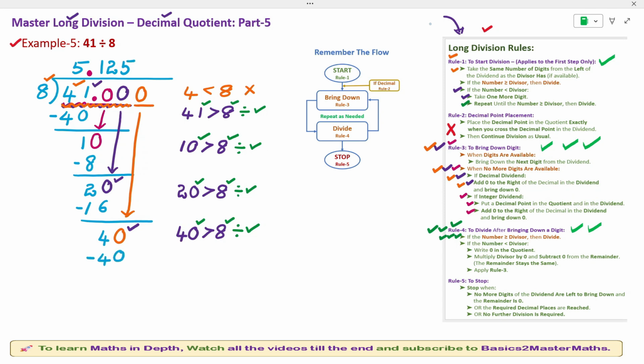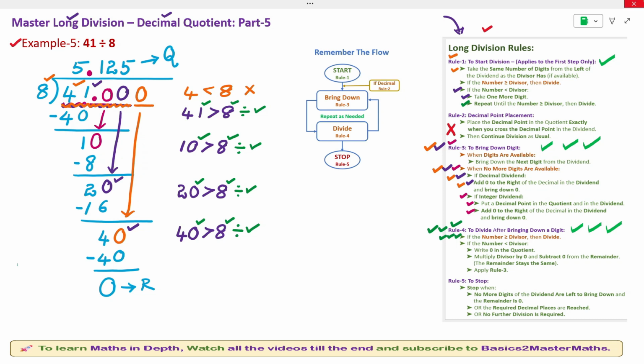So you will get 0 as the remainder and 5.125 as the quotient. Now, rule 4 is complete third time.